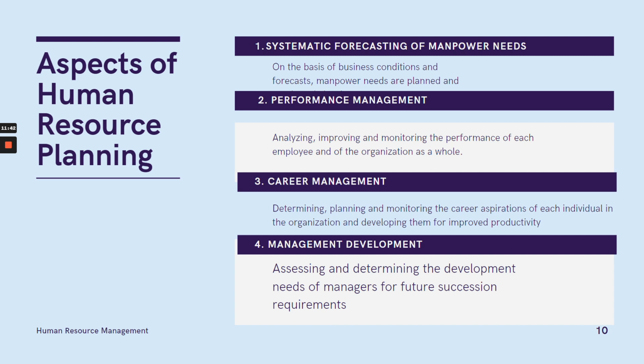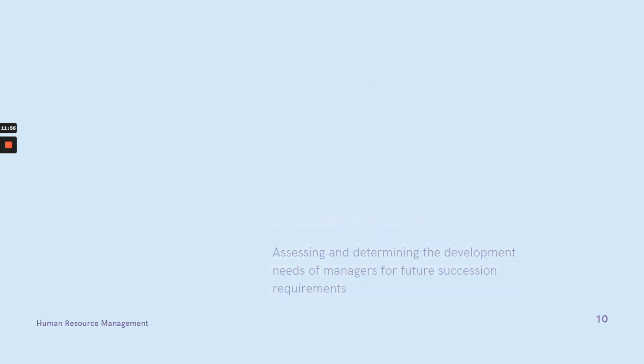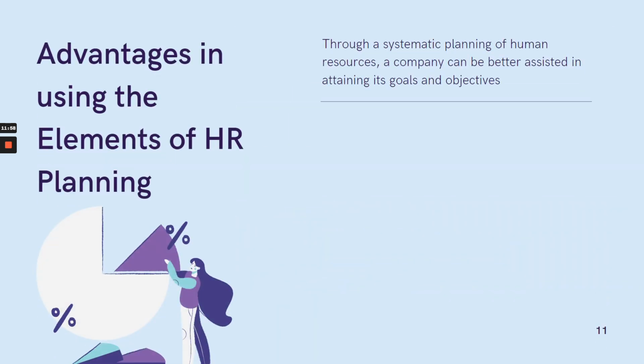Now, what are the advantages if we are going to use the HR planning that we've discussed, no? The elements and the aspects of HR planning. What are the benefits or advantages? So we have five advantages in the HR planning.